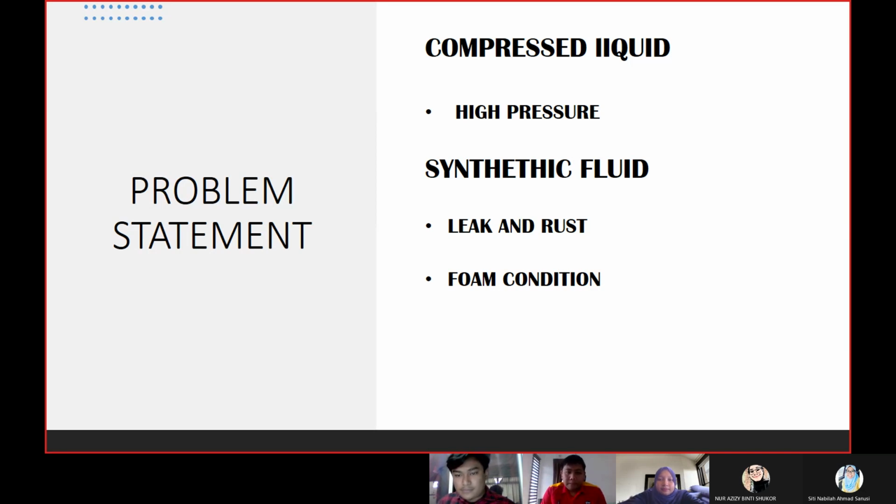In the long term, the synthetic fluid will eventually leak and some of it may rust. In some conditions, the synthetic fluid becomes somewhat foamy and will make the steering wheel jam. Also, synthetic fluid compresses a bit slower than gas, so it will affect the response when turning the steering wheel. Right, next.